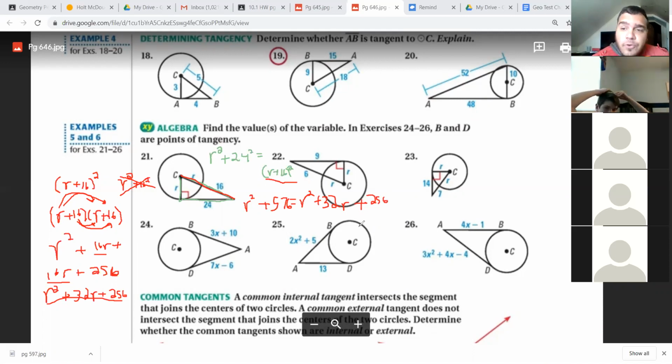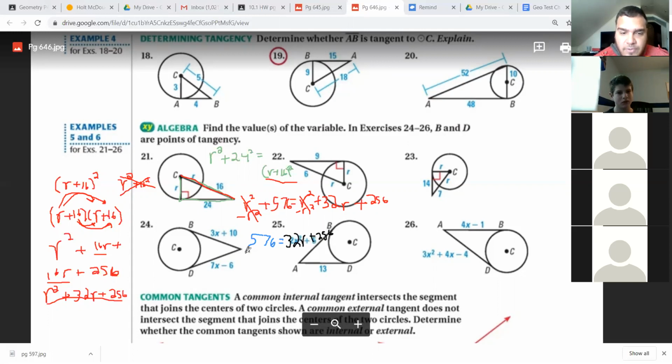First off, we want to get all the variables to one side. I'm going to move the R squared here, minus R squared. What's really nice is that since they're both 1R squared, they cancel out completely. Then you're left with a very basic equation: 576 equals 32R plus 256.